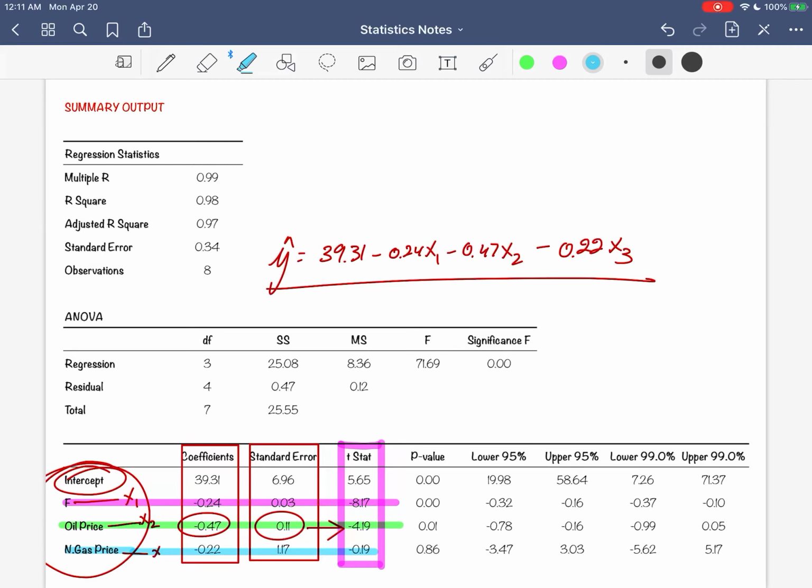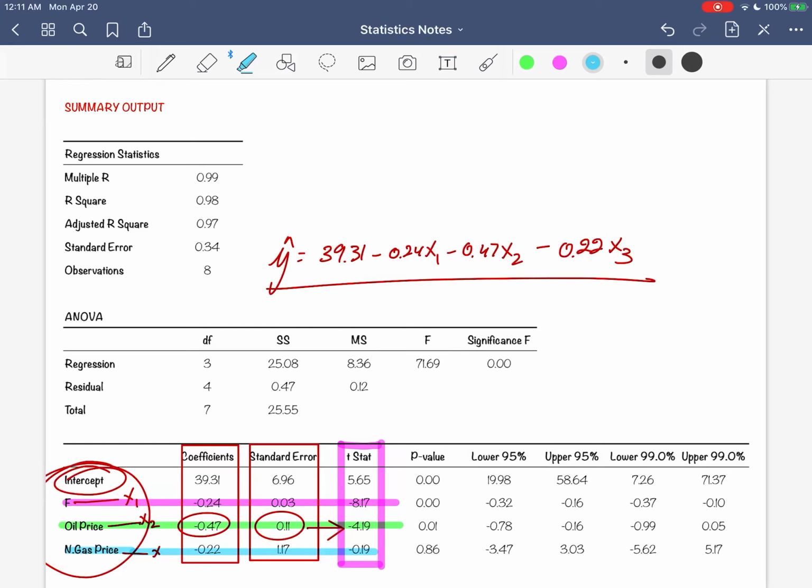That is pretty close to 0. Remember your critical values, numbers such as 1.645, 1.96, 2.57. You can see that they are much larger than 0.19. So basically the variable natural gas is an insignificant predictor of the consumption of natural gas.